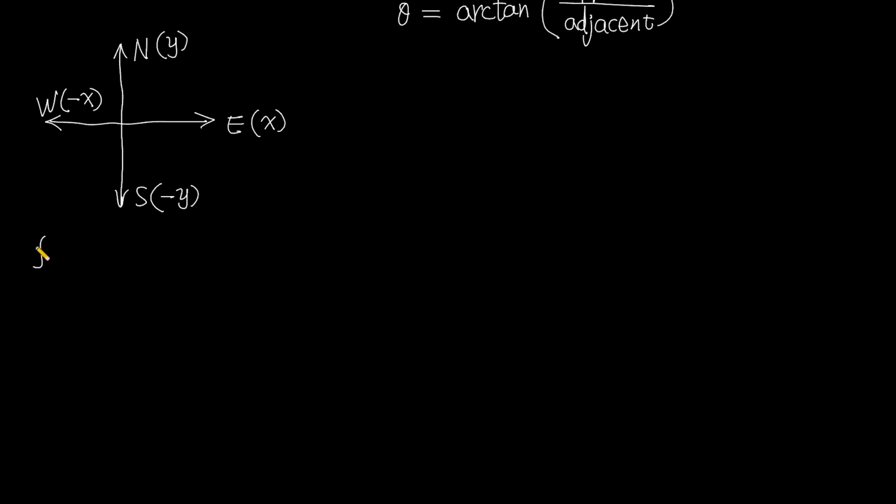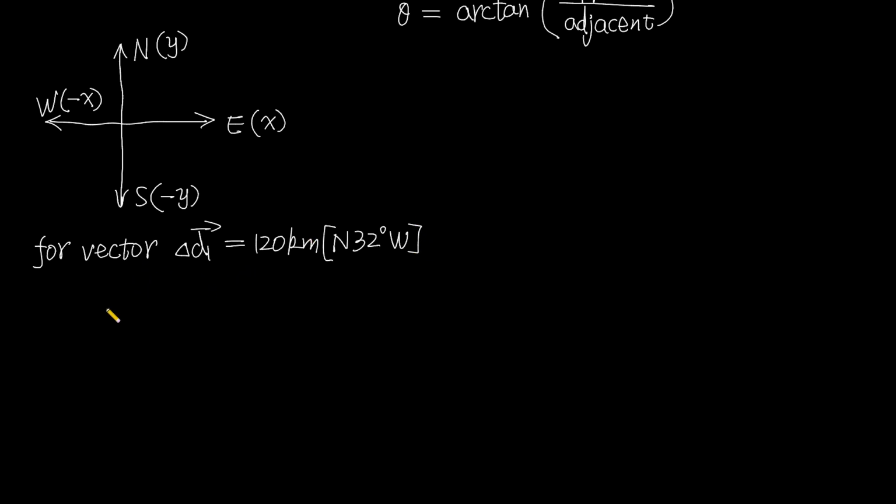Now for vector delta d1, this vector is 120 kilometers. Now the direction is north 32 degrees toward west.